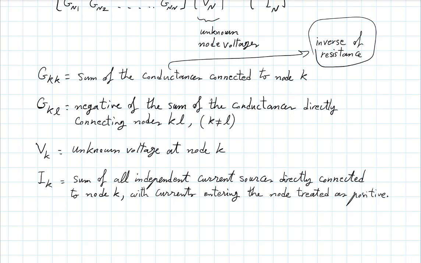So, very good question. What if I call this node over here node 1, and you call this node over here node 1? Your matrix is going to look different, and your vector of solutions is going to look different. But ultimately, when physically we go to, say, this node here, for me it's V1, and it will be the first number in my vector. For you, it will be V5, and it will be the fifth number in your vector.